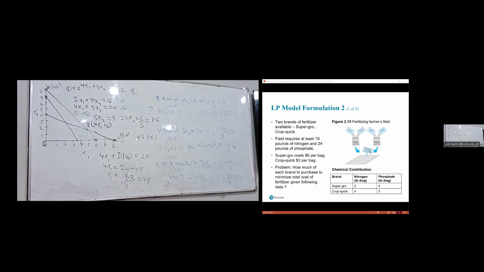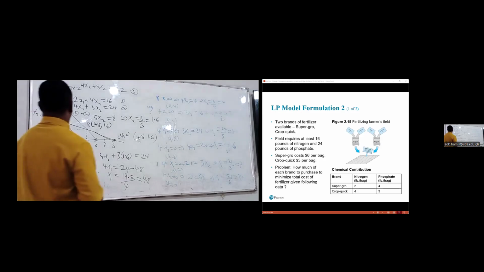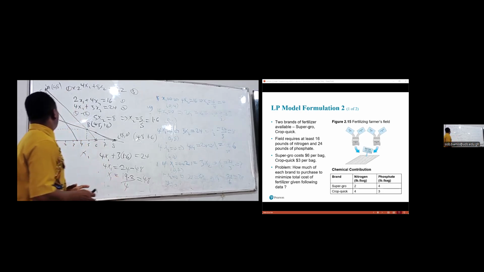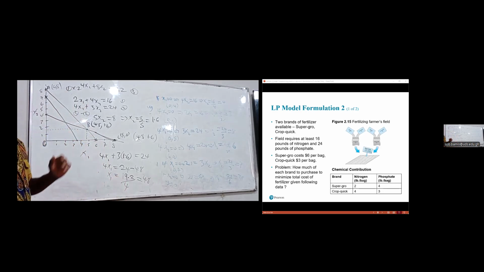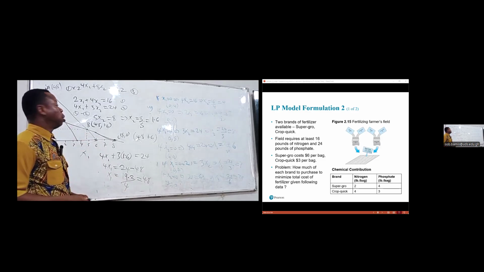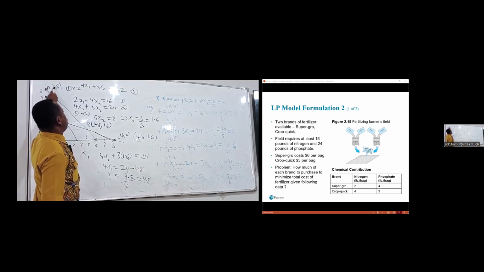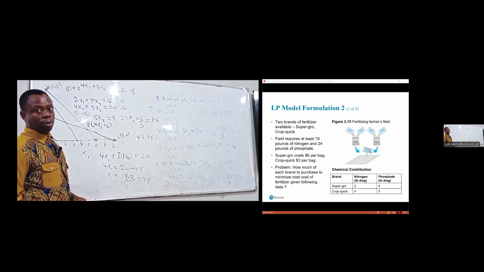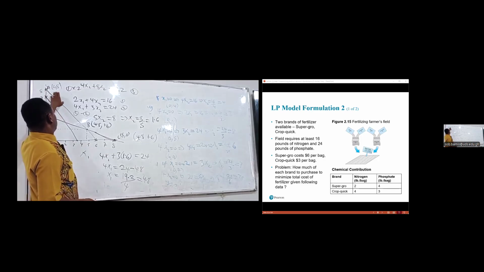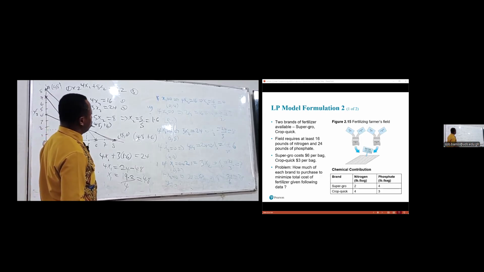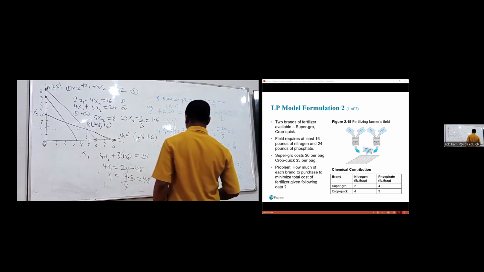Now, if you were unsure whether point A, B, or C is the correct answer, substitute these values in the objective function and get the cost. So where is our objective function?